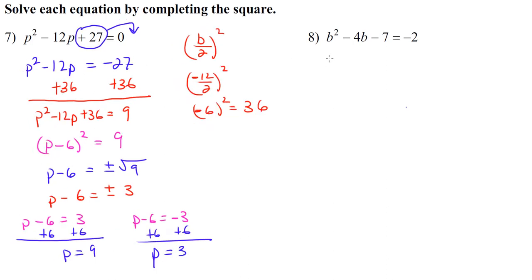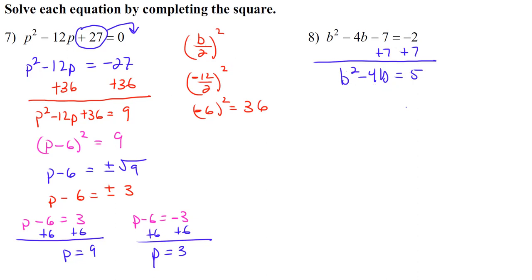All right, next example here, b squared minus 4b minus 7 equals negative 2. Again, I don't want this c value here, so I'm going to add 7 to both sides. This gives me b squared minus 4b equals 5. Then I need to take half of b and square it.